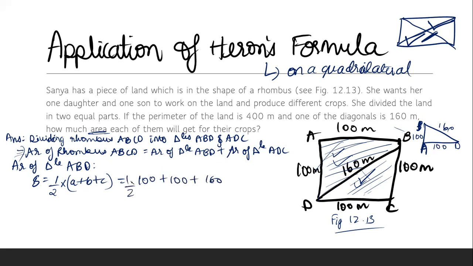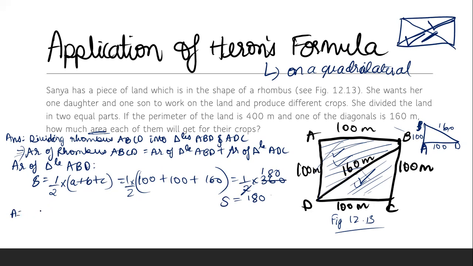So half of the sum of all these will give us what? The semi-perimeter. So 100 plus 100 is 200. 200 plus 160 is 360. So this is equal to half of 360. Now let's simplify this. Half of 360 is 180. So semi-perimeter, we found out that it is equal to 180.